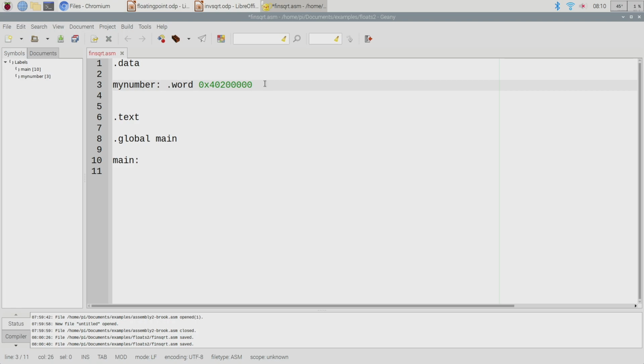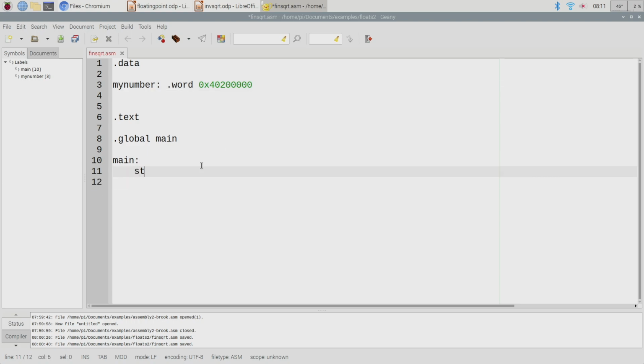In this case, instead of ASCII for an ASCII encoded string, I'm storing a word, which is a 32-bit object, and there it is. So that guy.